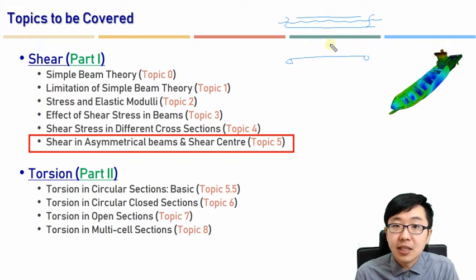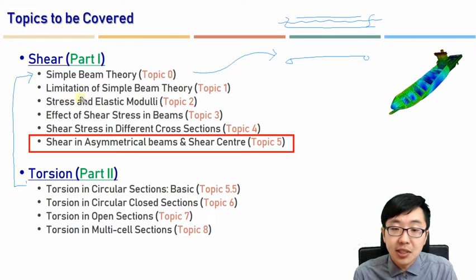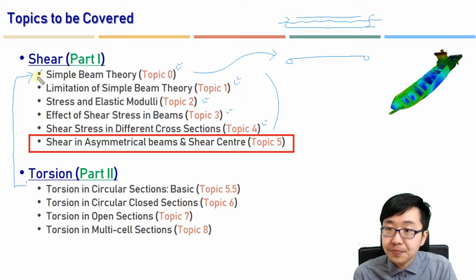From here we derived all the formulations related to the simple beam theory, because the shape of the simple torsion theory is also similar to simple beam theory. That is the reason why I would recommend you study topics 0 to 4. This is the right time.